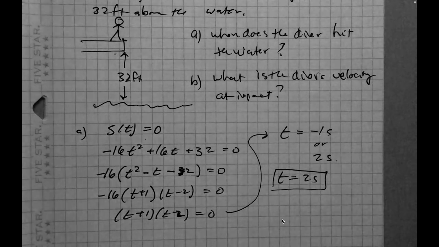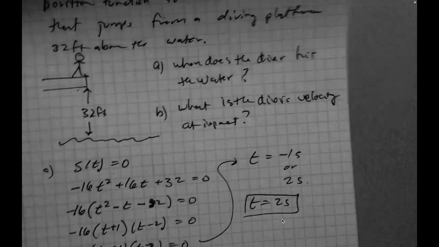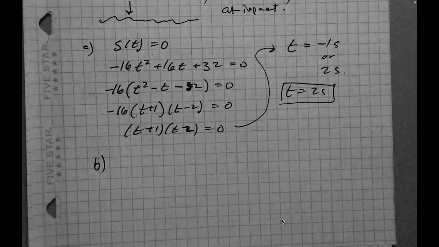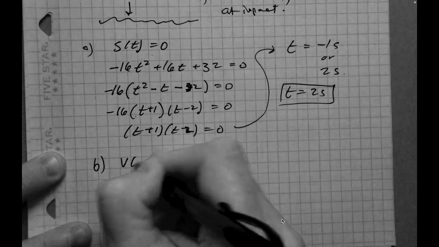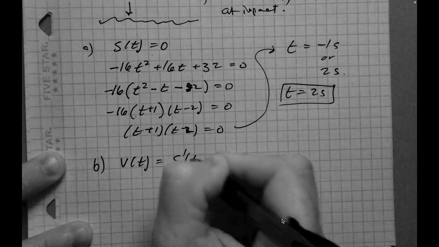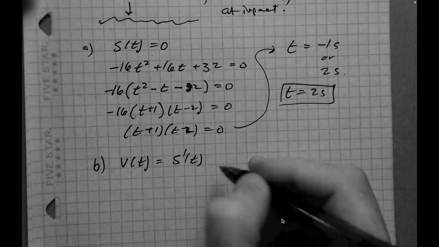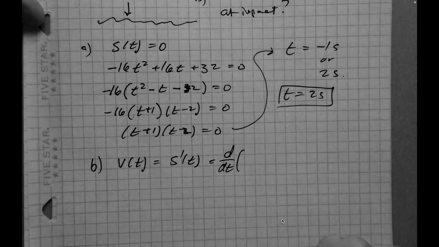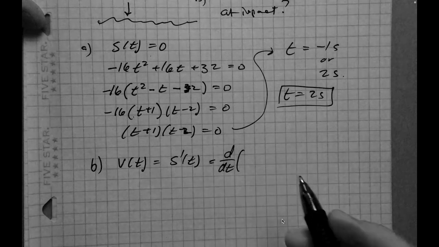Okay, now the question is, what's this diver's velocity when he hits the water? So how do we know that? Well, we're going to need the velocity function, aren't we? So we know that the velocity function is the derivative of the position function. So it's going to be equal to d dt of whatever s is, right?